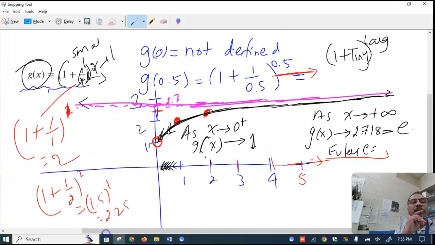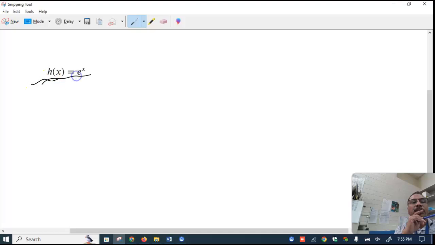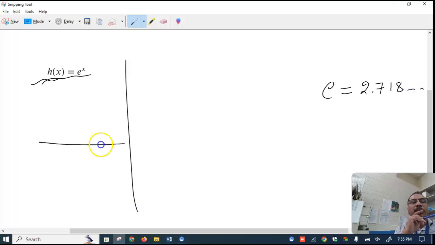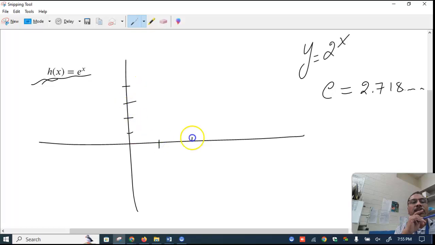Let's move on to another one. Now that we know that e is 2.718 and so on, if I want to graph, let's say, 2 raised to x, when x is 0, 2 raised to 0 is 1, so this is the point.